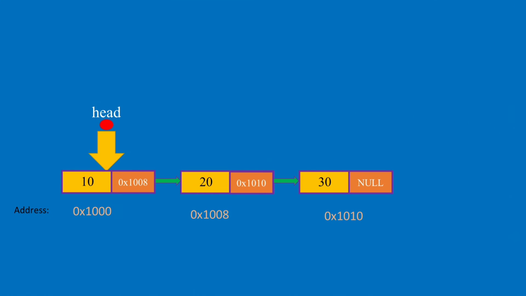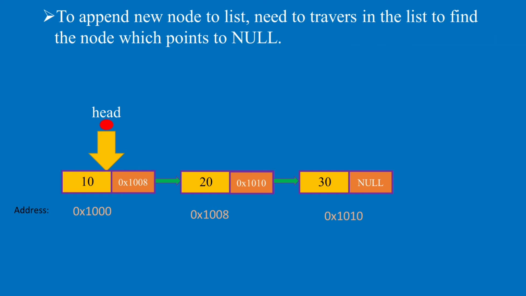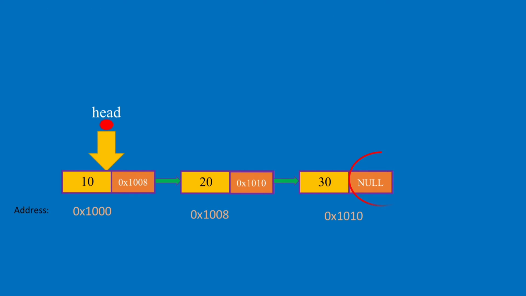To append a new node to the list, you need to traverse in the list to find the node which points to null. Last node is the one which points to null as its address field.